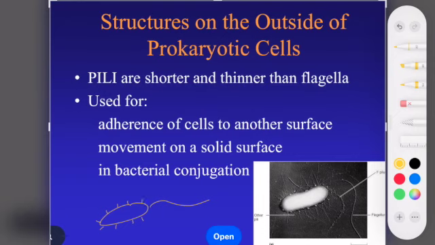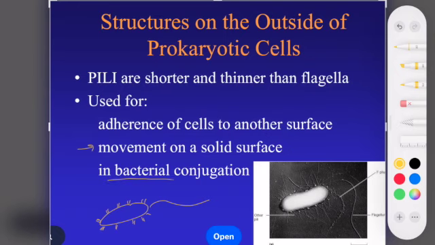They also help cells to adhere to other surfaces, but not in a way like a capsule or a slime layer does. That's just from stickiness. Think of these as little hairs almost, and they are made of protein, so that's not too far off from hairs. We've got movement on a solid surface. Pili can actually help them move.